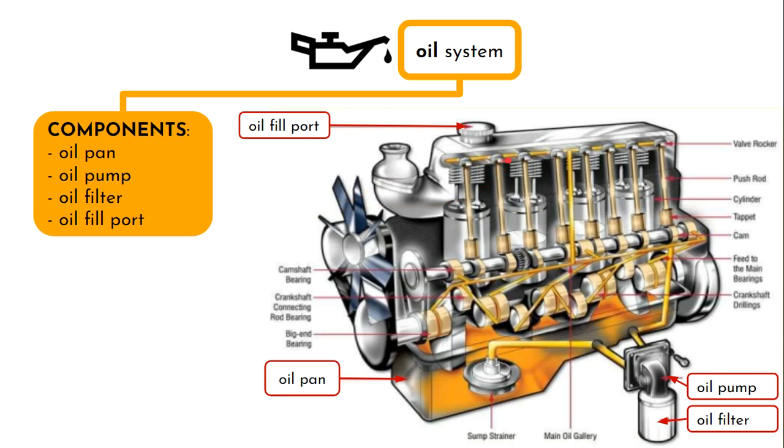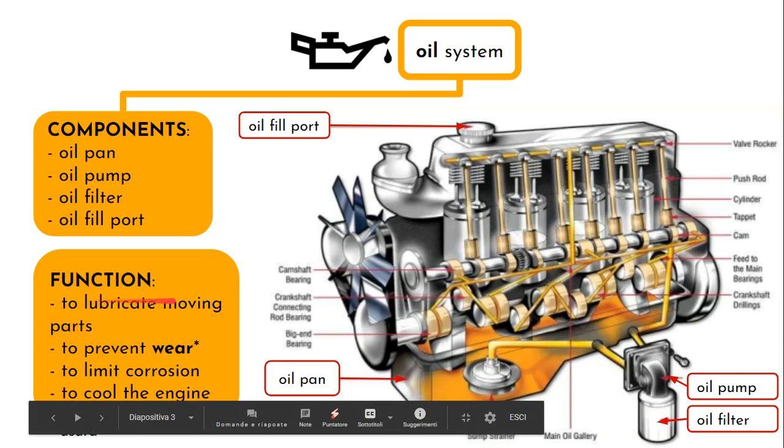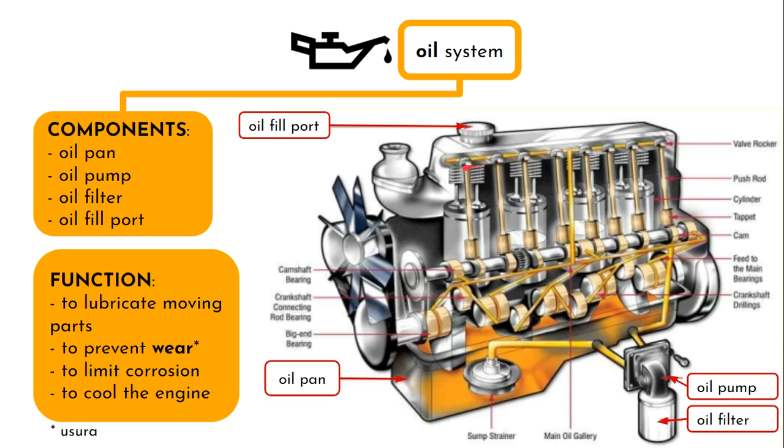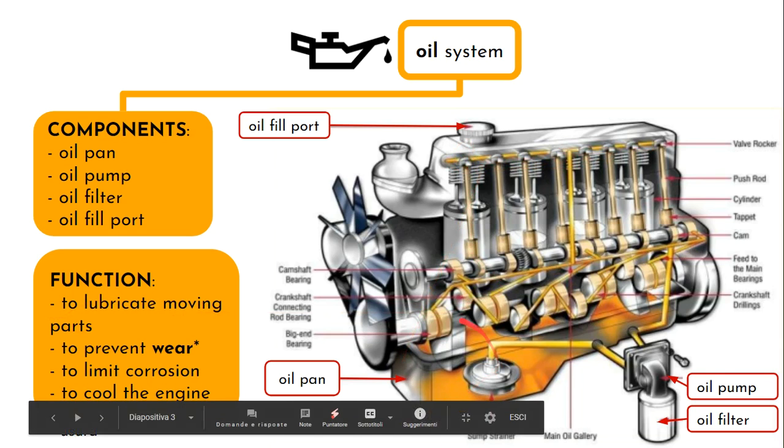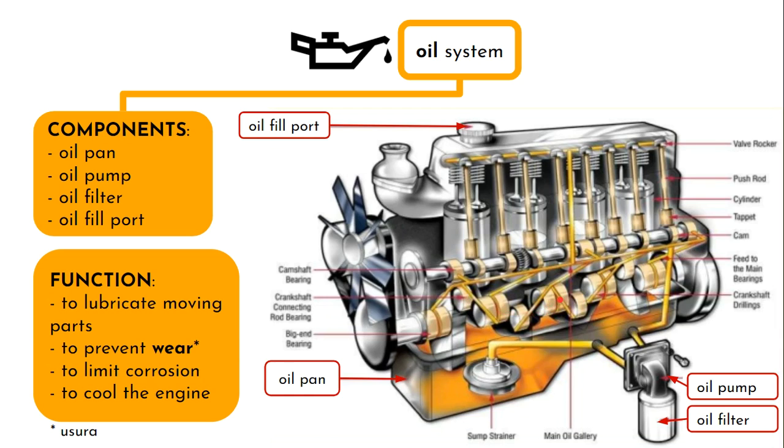As you can see, it lubricates all the moving parts of the engine. And what are the moving parts? The pistons, of course, the camshaft is always moving, the crankshaft is always moving, but we need to make sure, dobbiamo assicurarci that the oil doesn't get inside the combustion chamber.